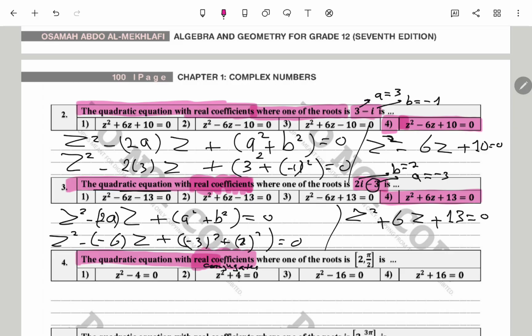Conjugates, where one of the roots is given by 2 and pi over 2, which is in polar form. I can change it to algebraic easily to be 2i, because it lies on the imaginary positive axis. And that means if one of them is 2i, so this is z1, then z2 will be equal to negative 2i.